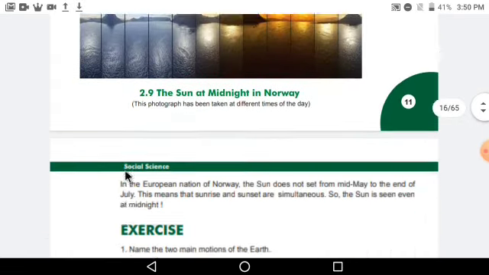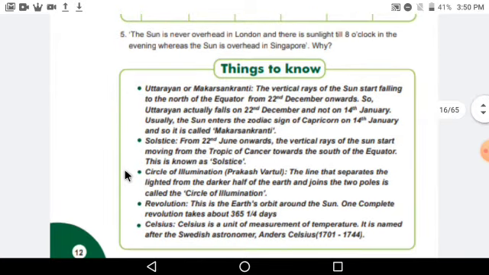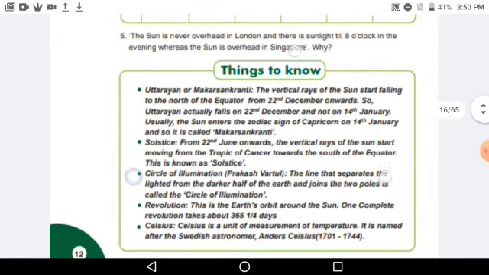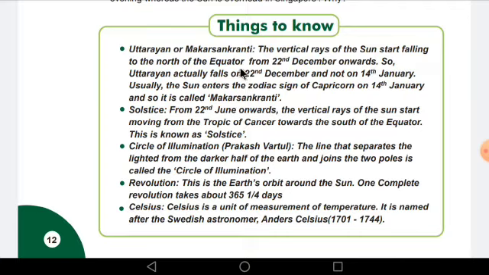Also, I'm going to explain something more. See over here, Uttarayan and Makar Sankranti. The vertical rays of the sun start falling to the north of the equator from 22nd December onwards. So Uttarayan actually falls on 22nd December and not on 14th January. Usually the sun enters the zodiac sign of Capricorn on 14th January, and so it is called Makar Sankranti.